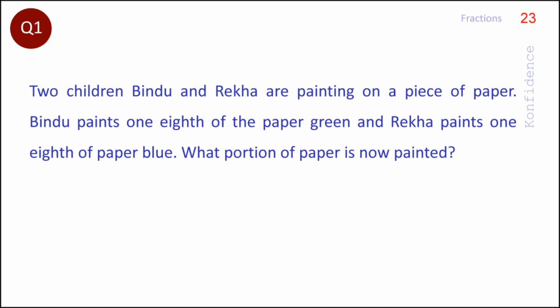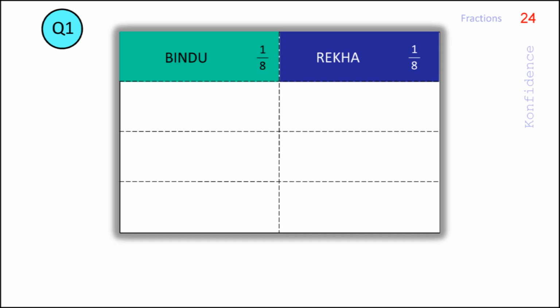In question Q1, Bindu painted 1/8 of the paper green and Rekha painted 1/8 of the paper blue. We are asked to find the portion of the paper that is painted. An illustration of the situation is given in the slide.